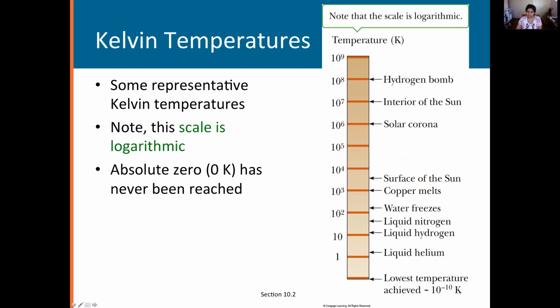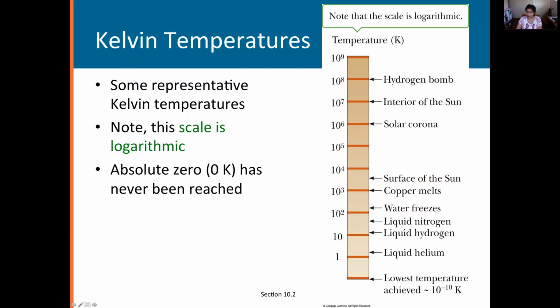And as you go lower down, you get liquid nitrogen, liquid hydrogen. So gases, which at normal temperature are gases, at very low temperature are turning into liquids. Hydrogen, nitrogen, these are normally gases at room temperature. And then lower still, you get liquid helium, around 1 K. And we've achieved the lowest temperature of 10 to the minus 10 Kelvin.